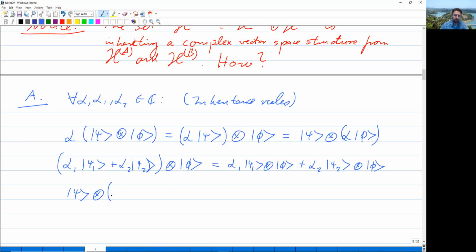So there we have alpha 1 some vector phi 1 plus alpha 2 some vector phi 2.